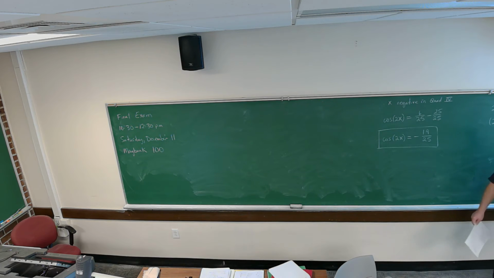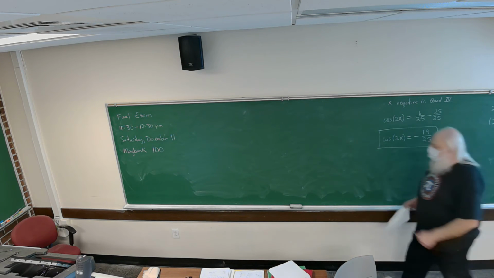The first thing we're going to do is find all the angles x on the unit circle from 0 to 2 pi radians. And then from that, we'll be able to expand our solution to all angles that satisfy the equation. Okay?